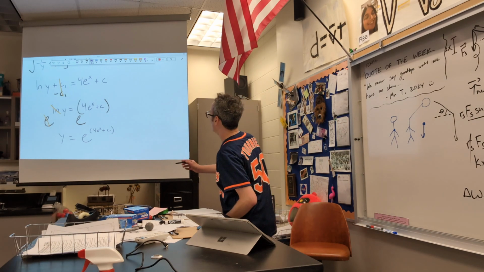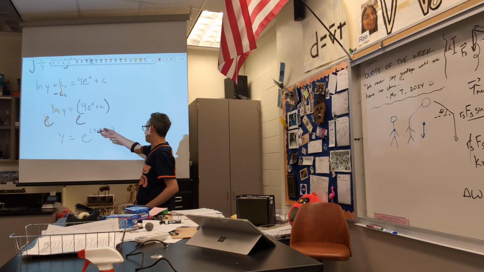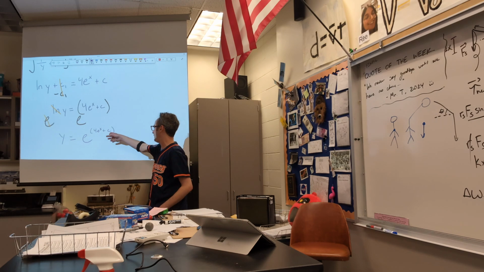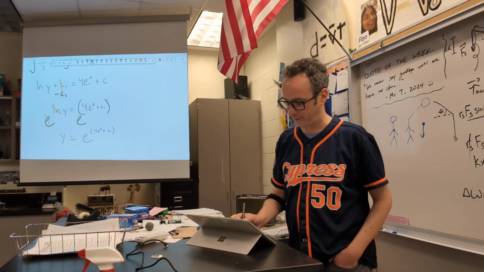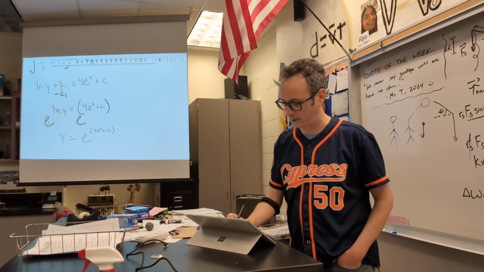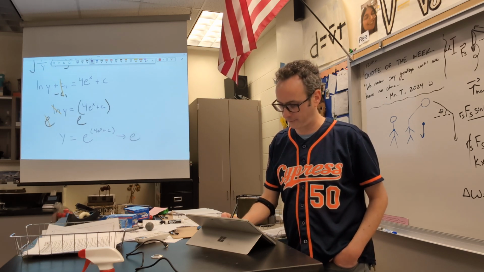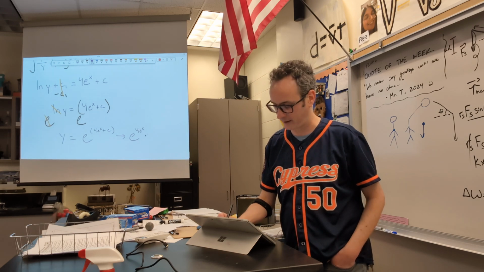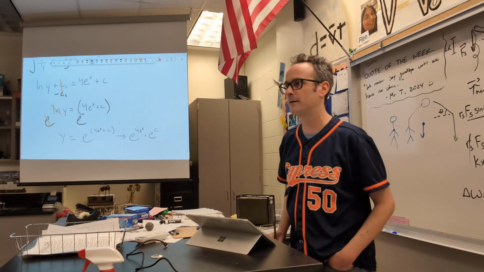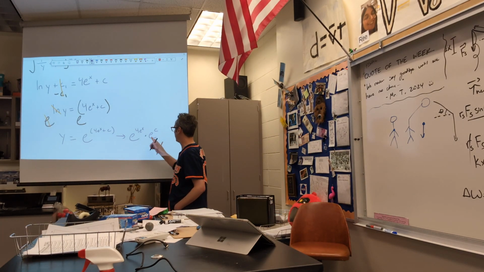But then, so this is all well and good, and honestly, this is a solution. Sometimes you need to find out what C is, right, or something like that. Like this is totally fine. However, often we can go, oh wait, e to the something plus c. That's the same thing as saying e to the 4 e to the x times e to the c, right? That's a property of exponentials, and so we can use that.